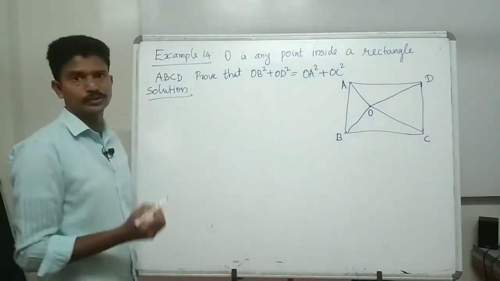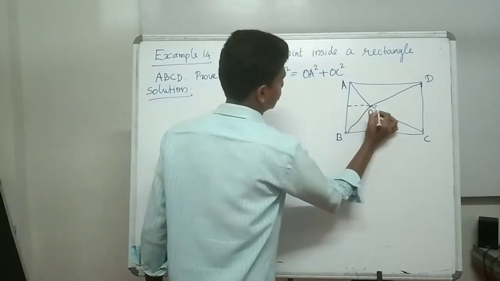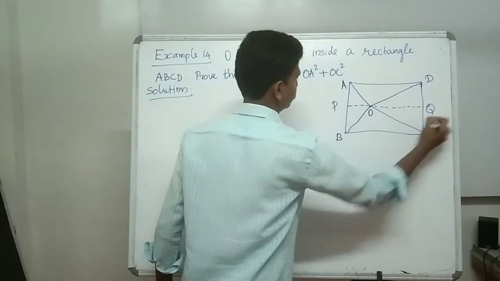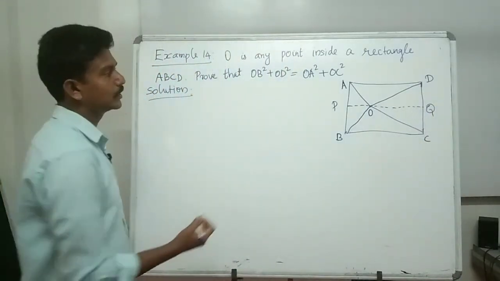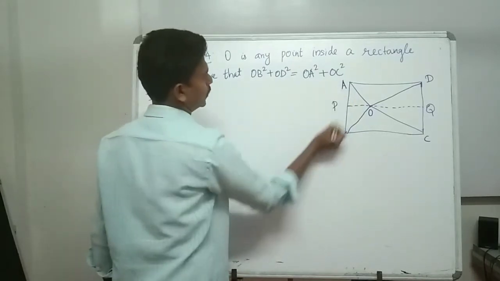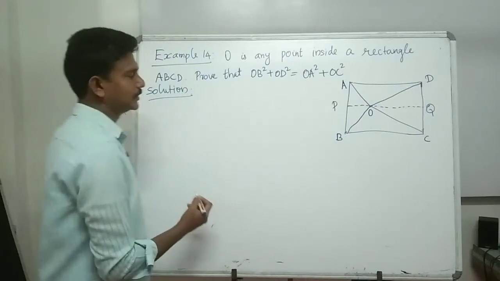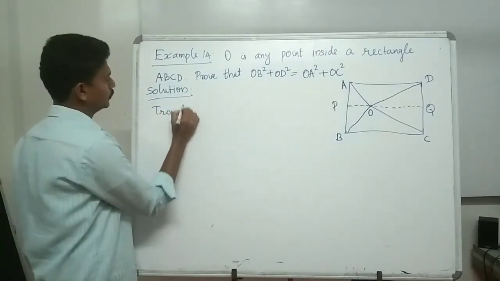For this, we should do one construction. Through O, we should draw a line called PQ parallel to BC, so that point P lies on AB and point Q lies on CD. That is what we are going to do first.